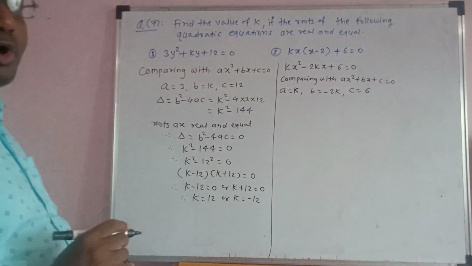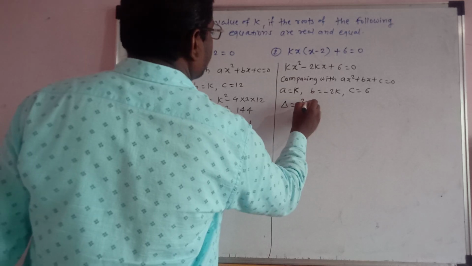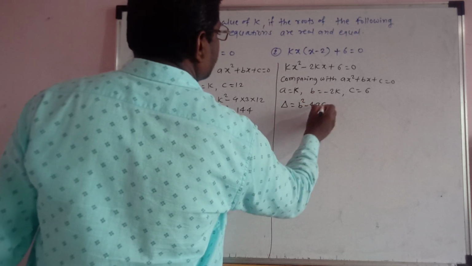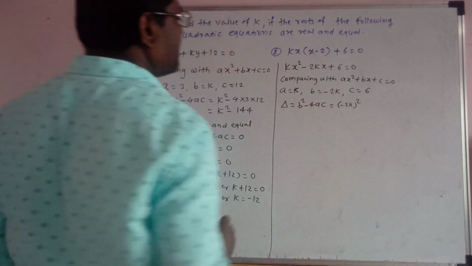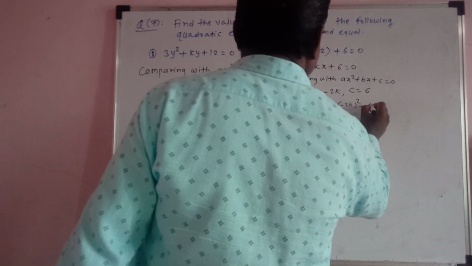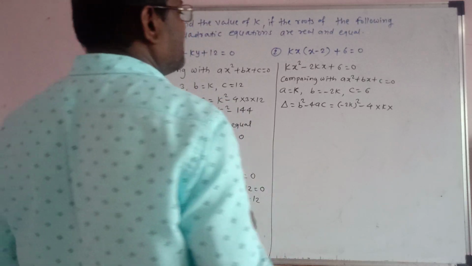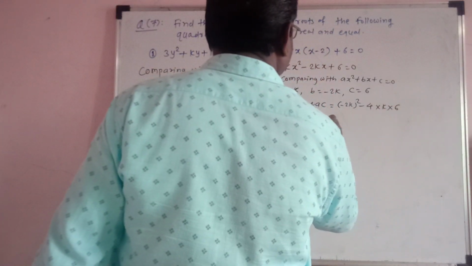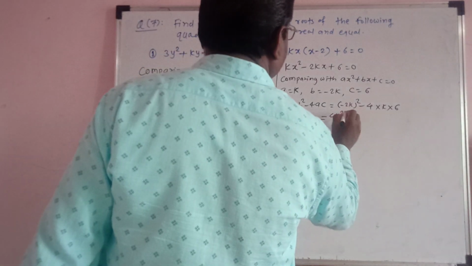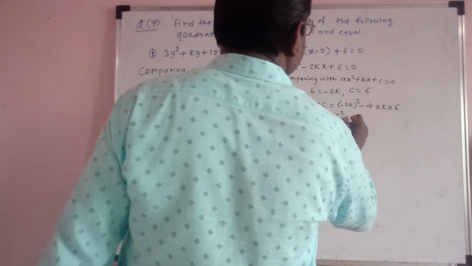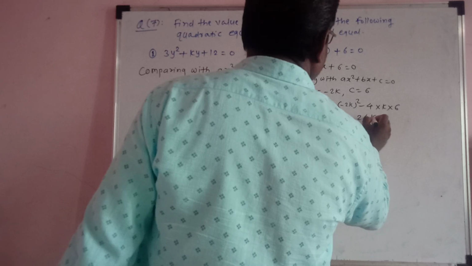Let us find the value of discriminant delta. That is delta is equal to b square minus 4ac is equal to b is minus 2k bracket square minus 4 into a is k and into c is 6, is equal to minus 2k bracket square, that will be 4k square, minus 4 into 6, that is 24k.